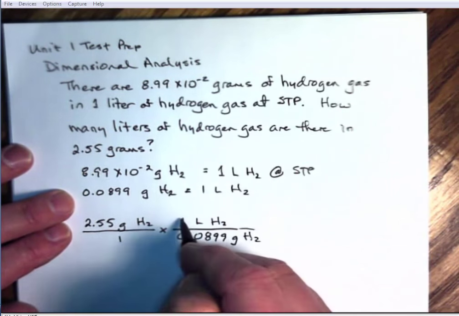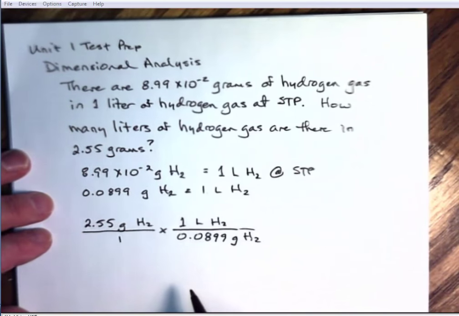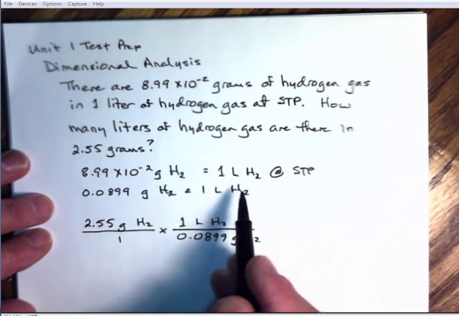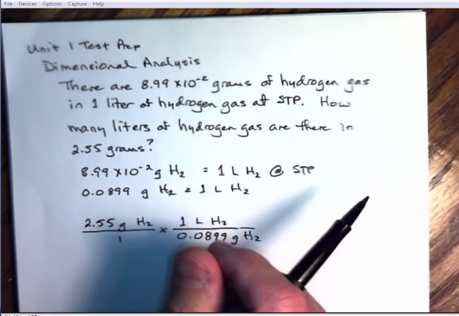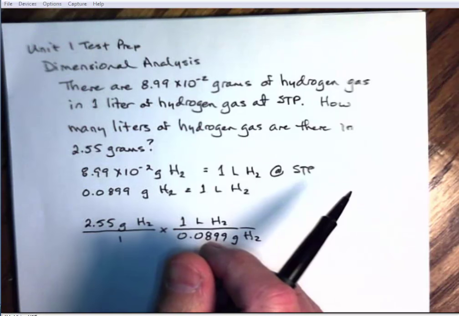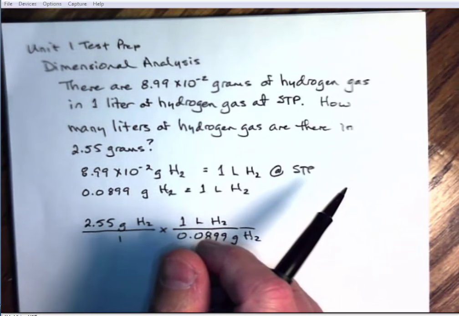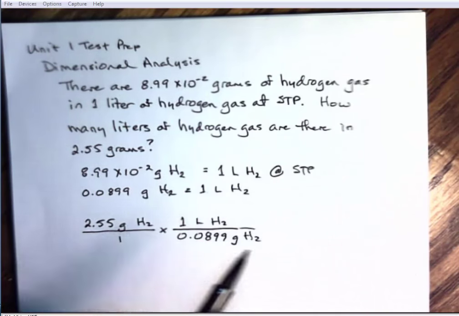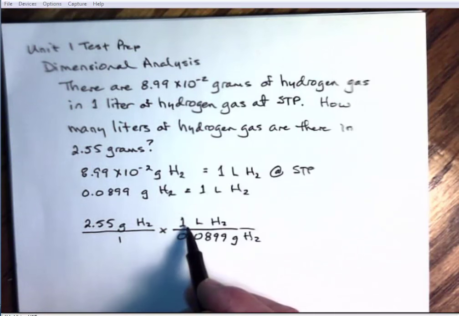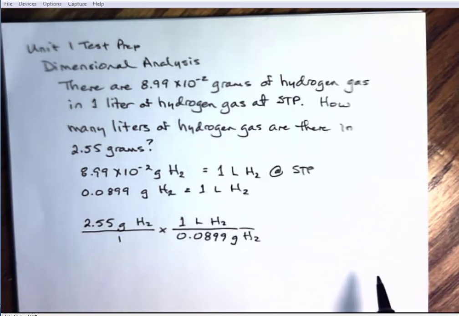Now, the tricky thing is when I have 1 liter of H2, you need to know that that 1 is treated as if it's infinitely significant. It is. When you have just a 1 with no decimal, it's just a counting number. And counting numbers are infinitely significant. That means I could put as many zeros after a decimal as I wanted to, and it would still be what that number is.